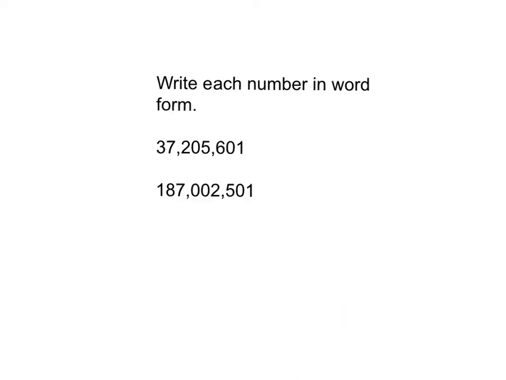Alright, in this final example, we're asked to write each number in word form. It's basically just reading the number. So that first number is 37,205,601, and then we would just write that out for each of those periods. 37, and that was 37 what? Million. We put a comma there, and next it says 205,000.